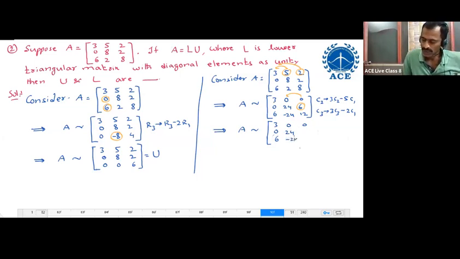24 minus 24. Now the operation is at the C3 position. This is 6, this is 24.